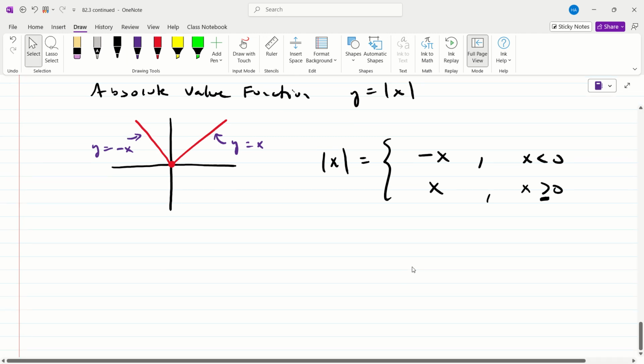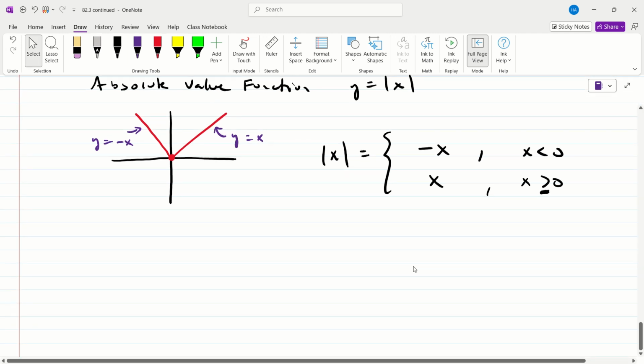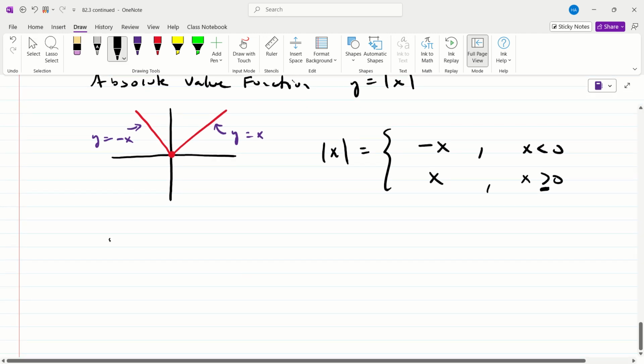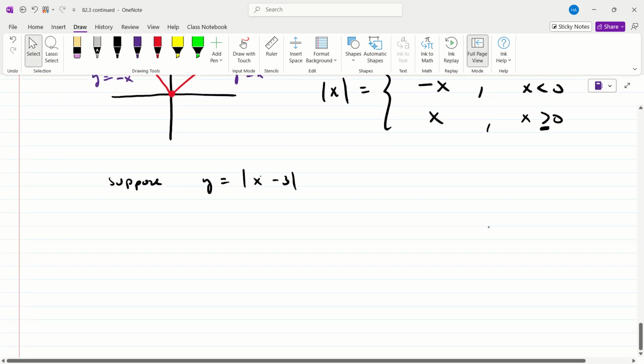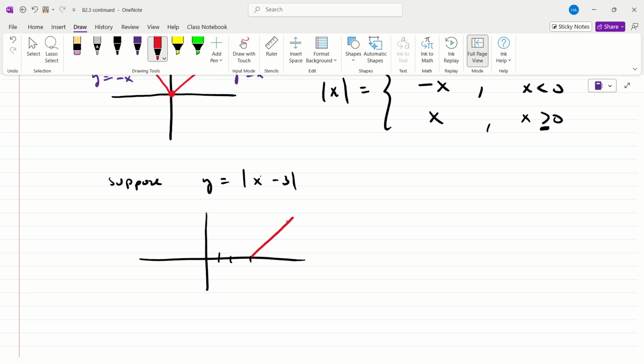Furthermore, since we're on this topic, suppose you got a function like the absolute value of x minus 3. Suppose I cheat a little bit and I pull out my calculator and I graph this out. And when I do, I get something like this.